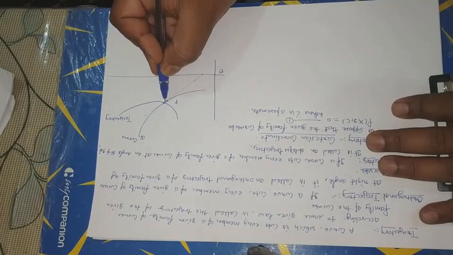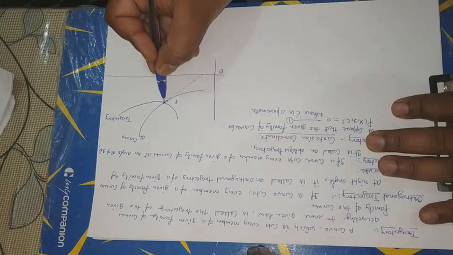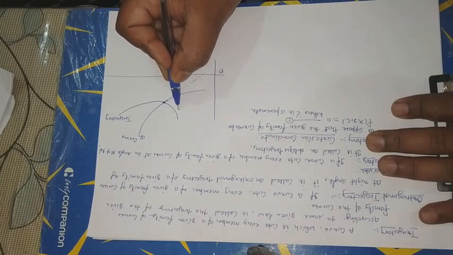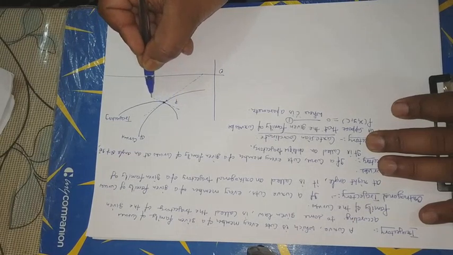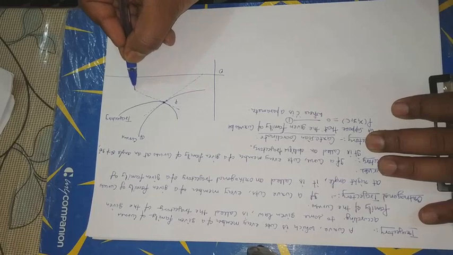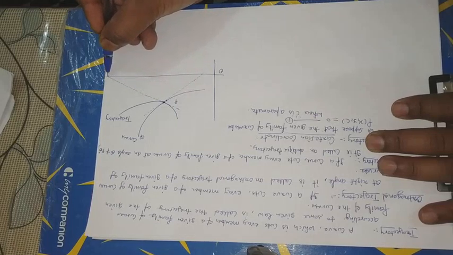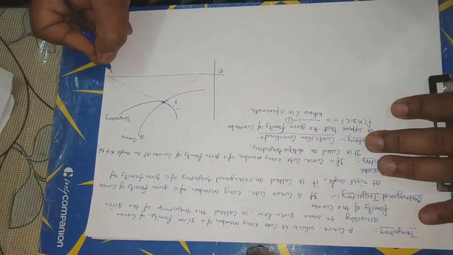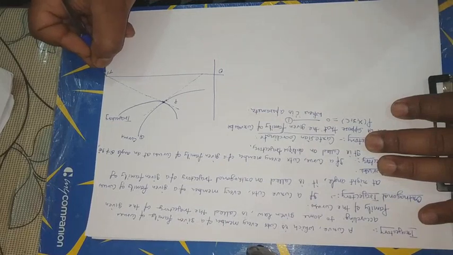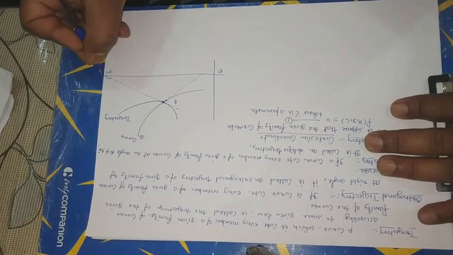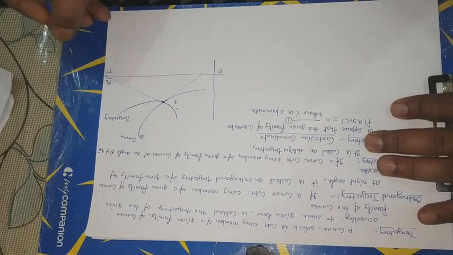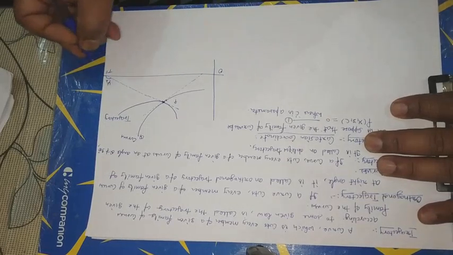Similarly, we draw a tangent PT dash which makes angle psi 2 with the x axis.